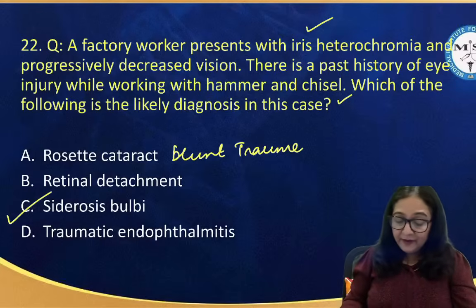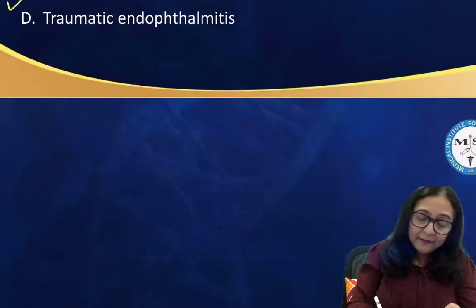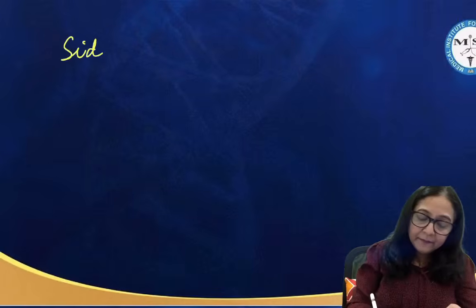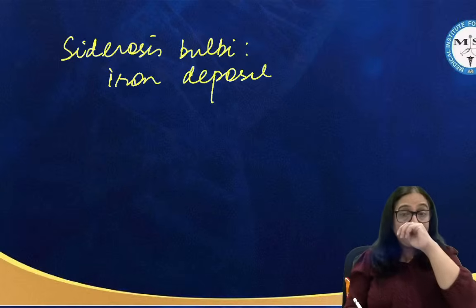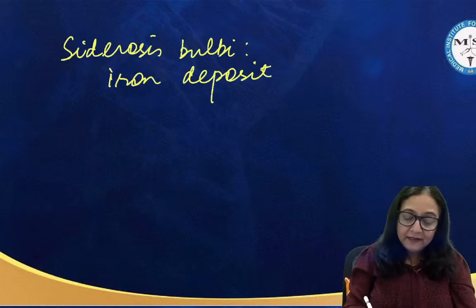Right? So siderosis bulbi is because of the iron deposition. So iron can deposit in iris, cornea, lens, retina, and because of the retinal degeneration, there is decreased vision.